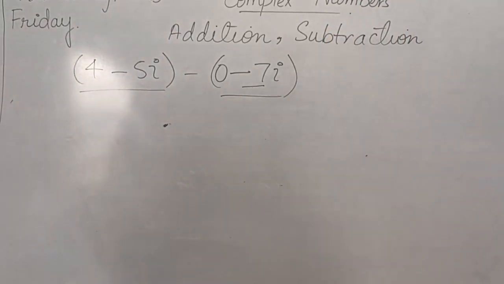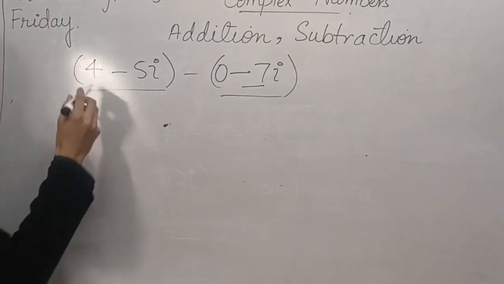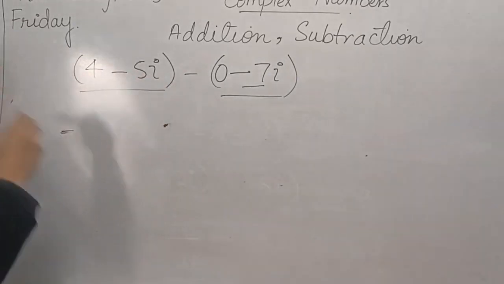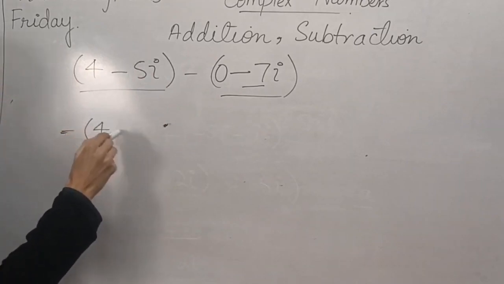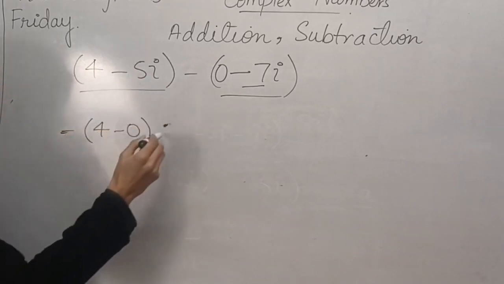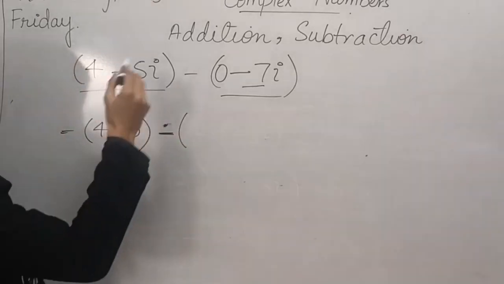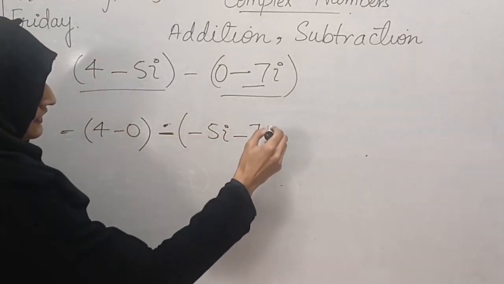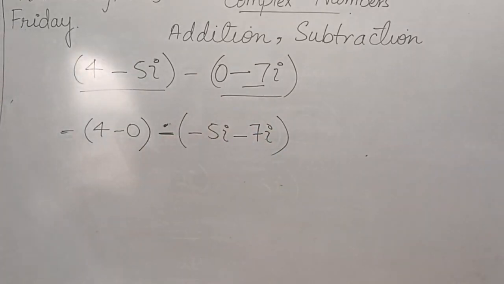We will simply subtract real number with real number and imaginary number with imaginary number. 4 minus 0, minus 5 iota minus 7 iota. Clear?